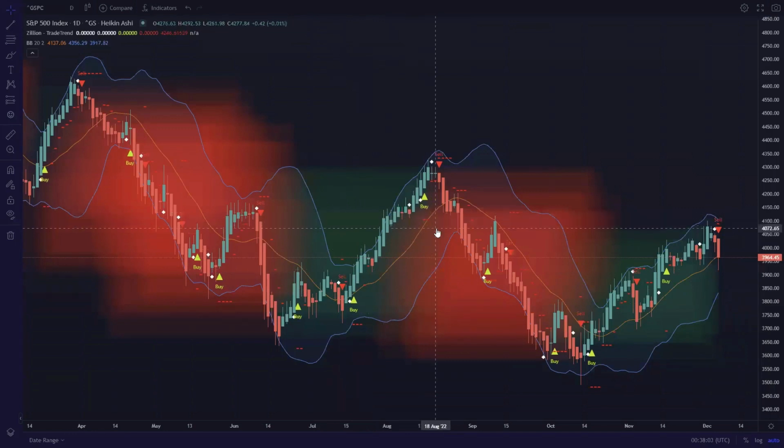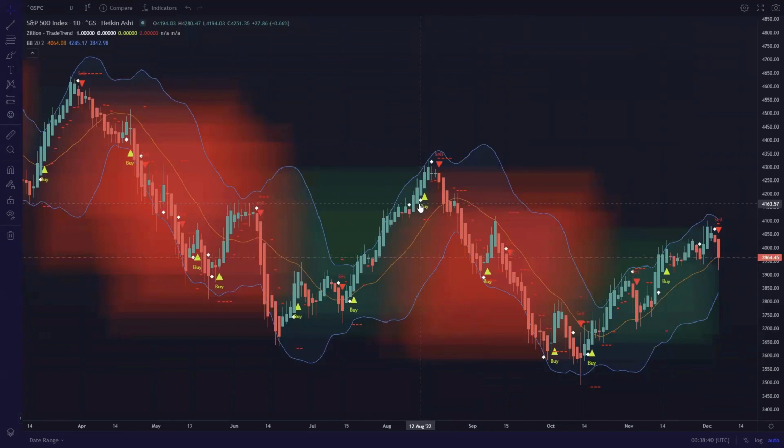Now, for Heikin Ashi, let's talk about how they're calculated and what to watch out for, because there are some differences between Heikin Ashi candles and your regular open, high, low, close candles. The benefit is they give us a smoother look to the chart, so they can help weed out some of the choppiness. And again, you'll see red Heikin Ashi candles during a downtrend, and green Heikin Ashi candles during an uptrend.